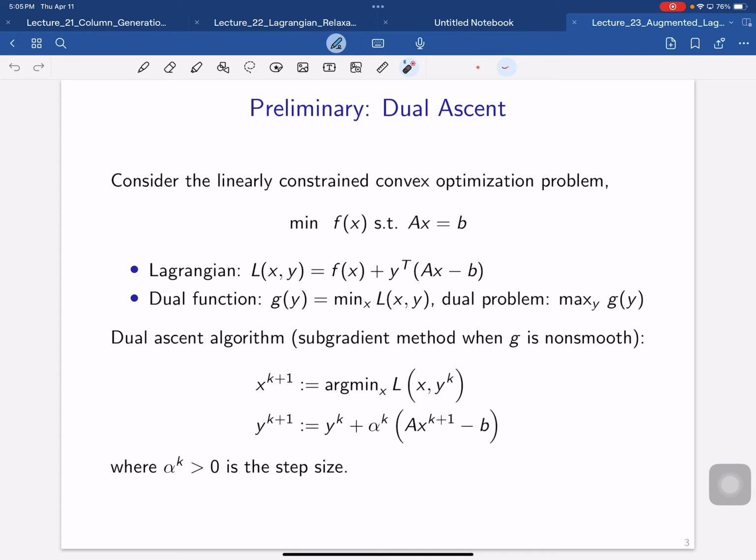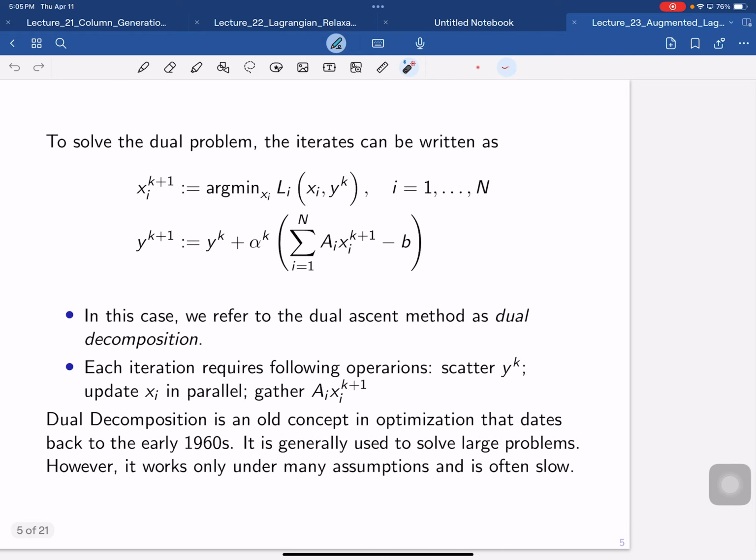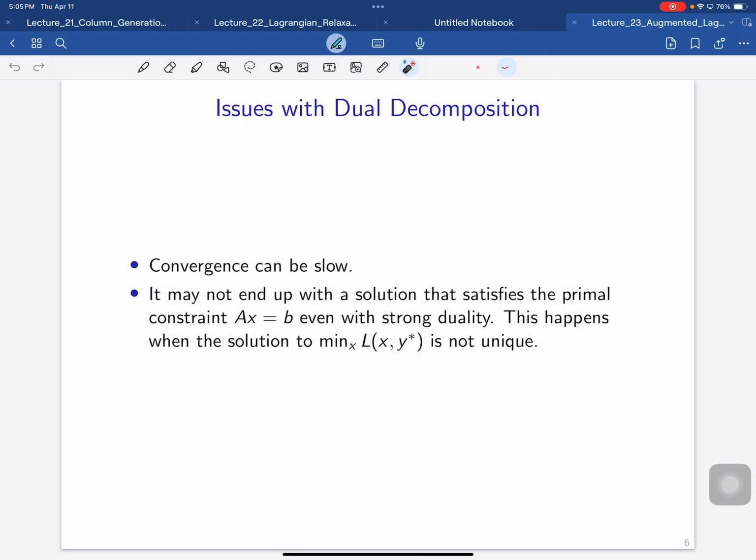This will probably be clearer if you try to implement this for a linear problem and see that it doesn't satisfy the primal constraint, although it converges to the optimal objective.